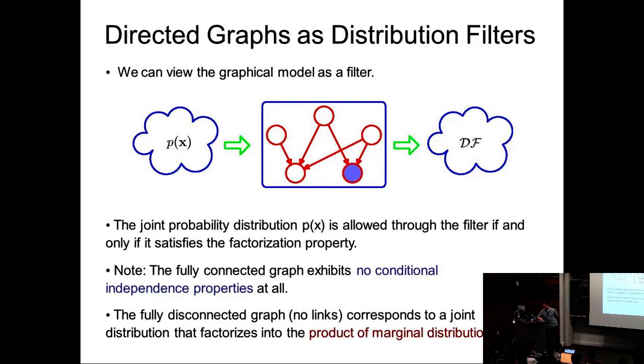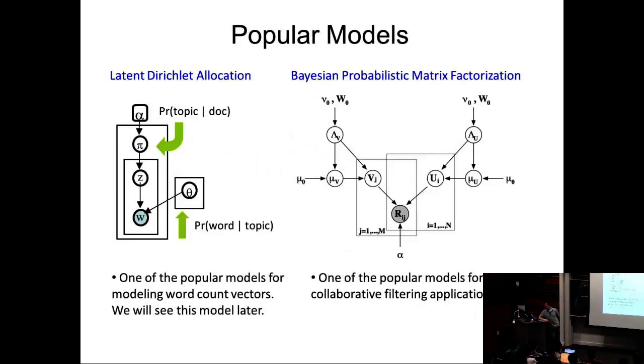So the fully connected graphs exhibit no conditional independence properties. So if everything is connected to everything, then you can fit an arbitrary distribution. That's not very interesting. The fully disconnected graph, where there are no links, corresponds to a joint distribution that factorizes over the product of the marginals. Right? So it's the simplest possible distribution.